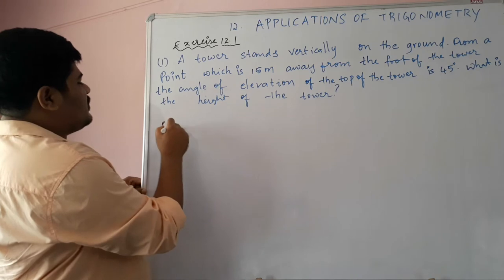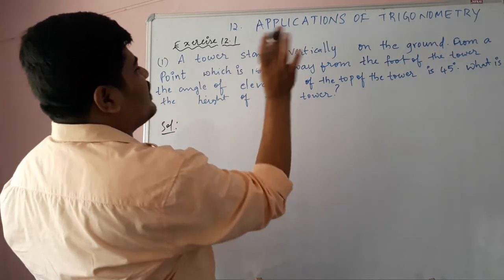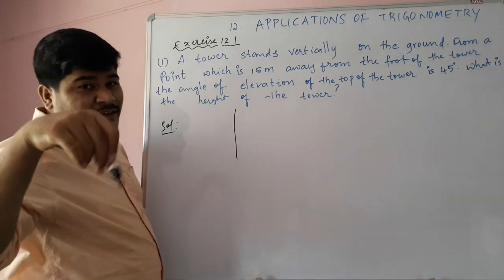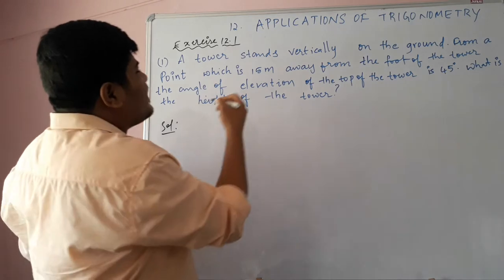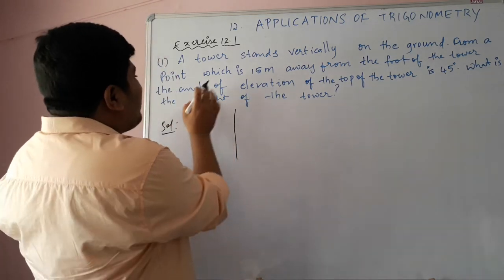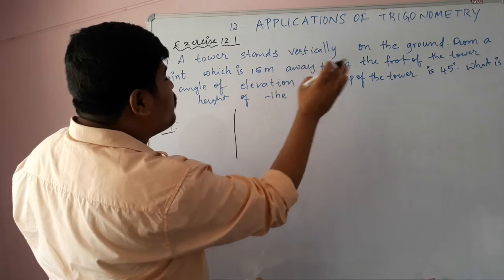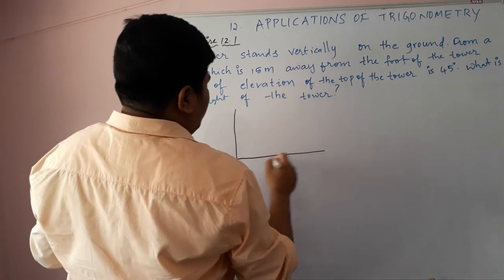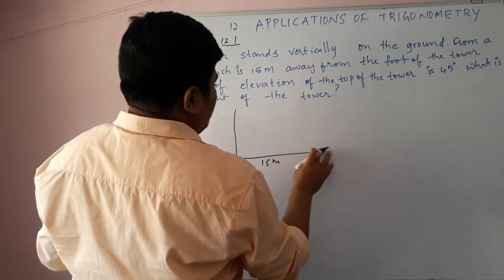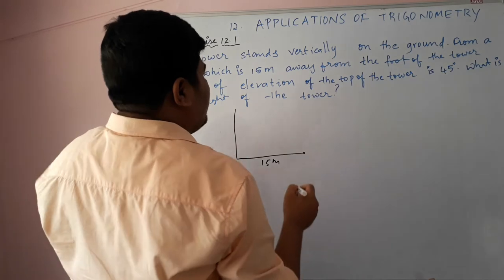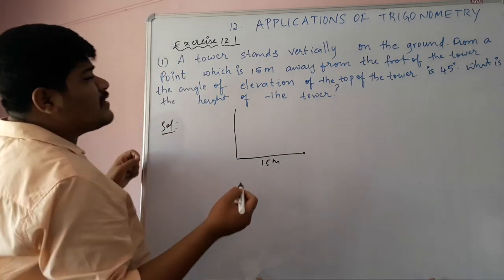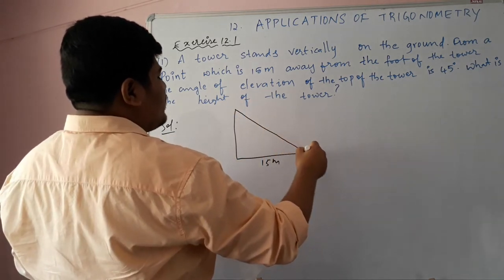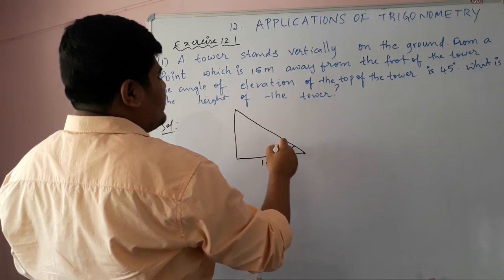So see, based on this question, a tower stands vertically on the ground. So this is the tower. We already learned that for towers and buildings, we have to draw vertical lines. From a point which is 15 meters away from the foot of the tower, so one point is there, suppose, and the angle of elevation of the top of the tower from this point is 45 degrees.